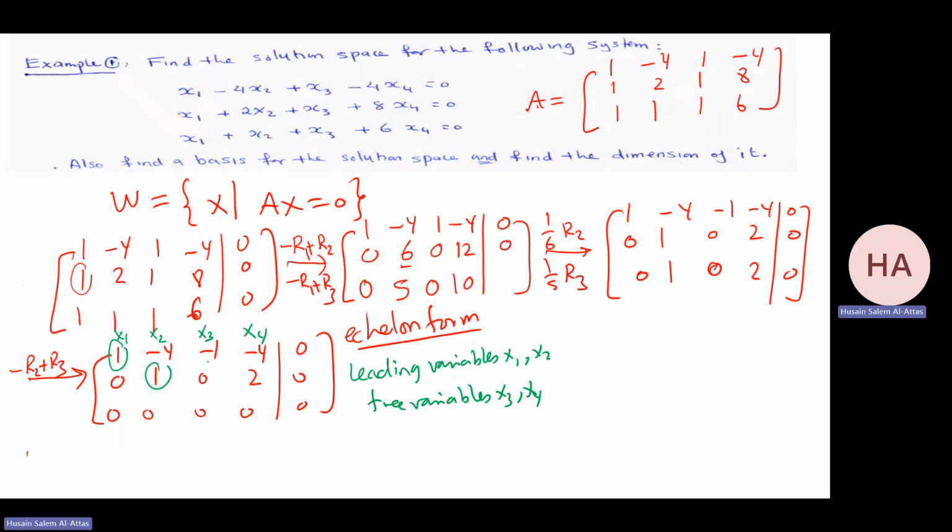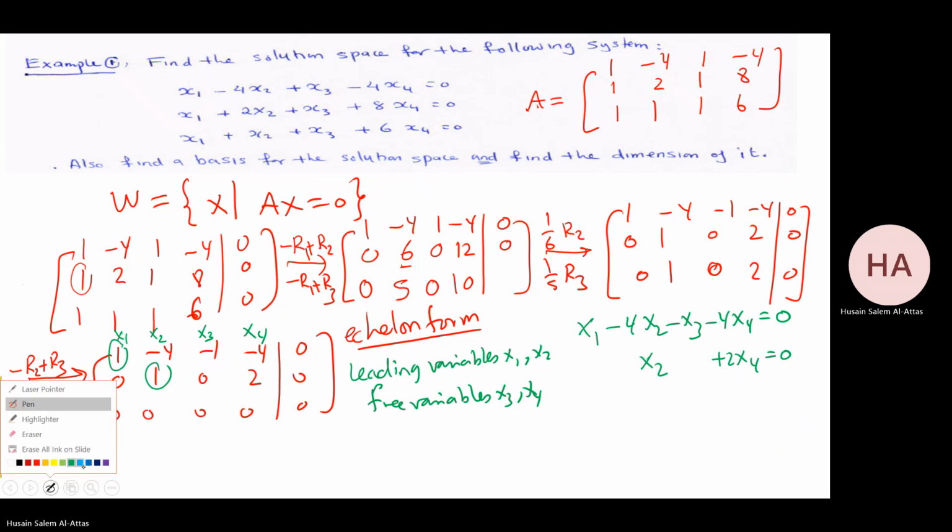Okay, then now I rewrite these two equations. So I have x1 minus 4x2 minus x3 minus 4x4 equals 0. And I have x2 plus 2x4 equals 0. Here, when I have two free variables, use this trick.